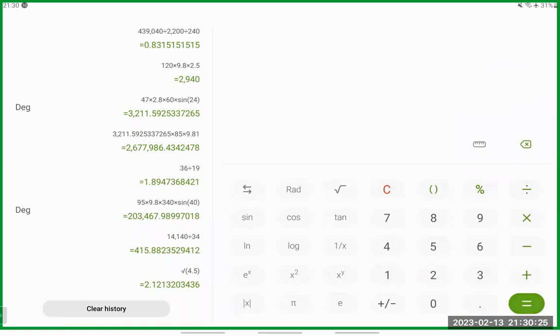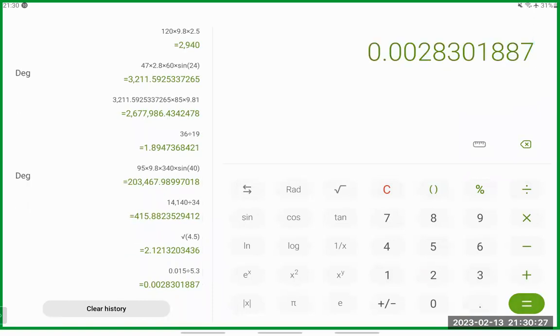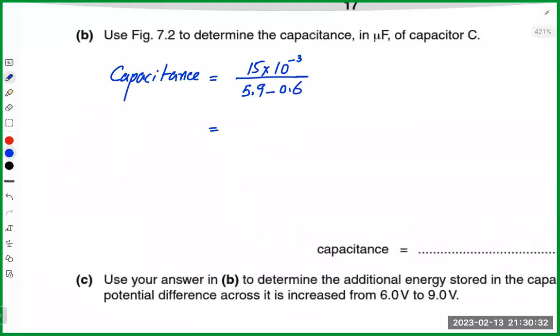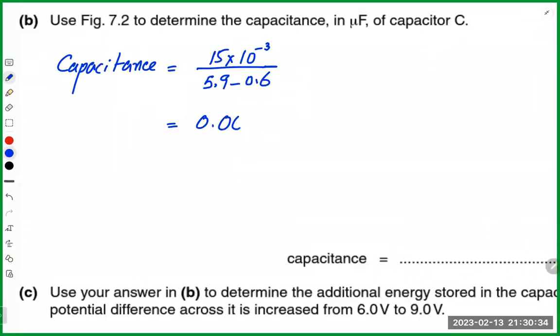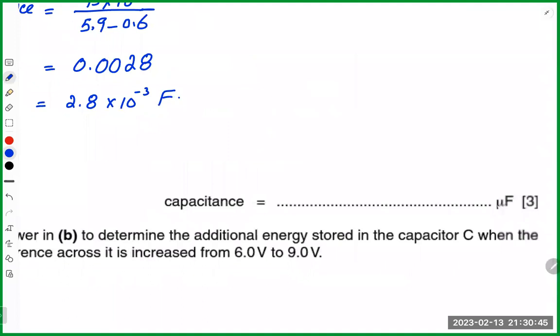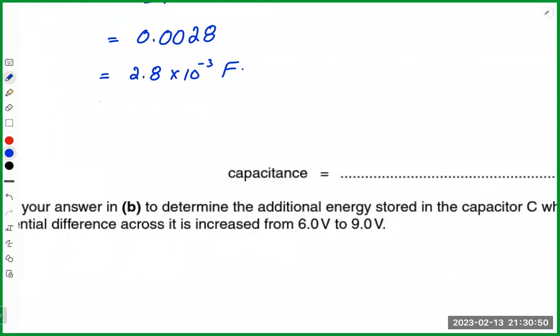So it will be 0.0028. So it will be 2.8 into 10 to the power minus 3 farad. Oh, he is asking for it in microfarad. That will be 2800 into 10 to the power minus 6 farad.